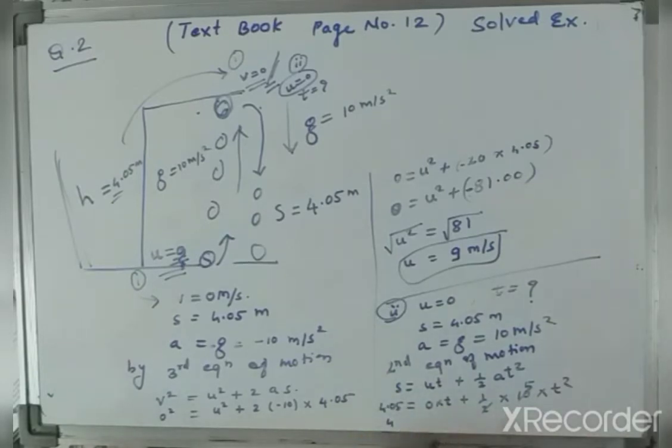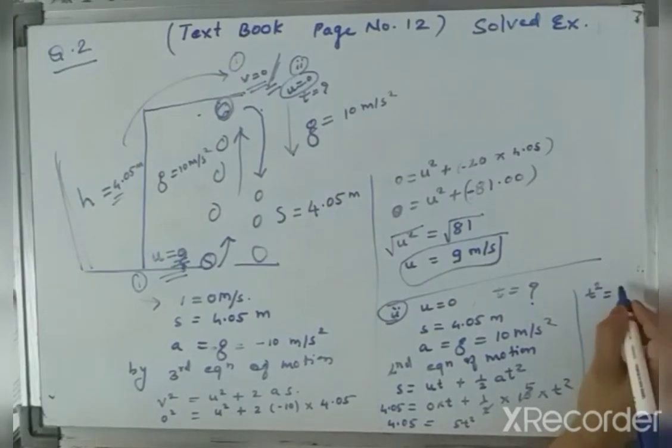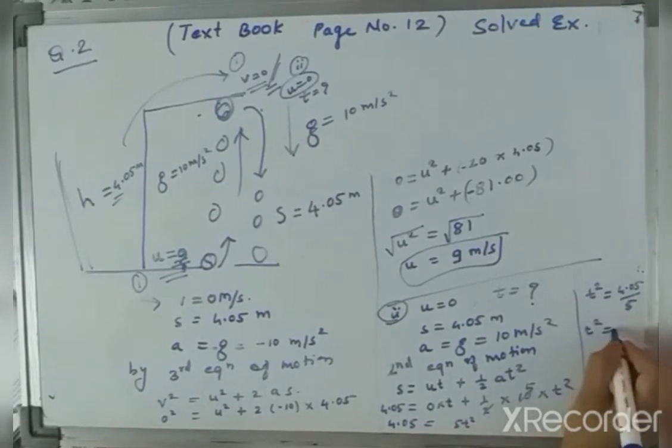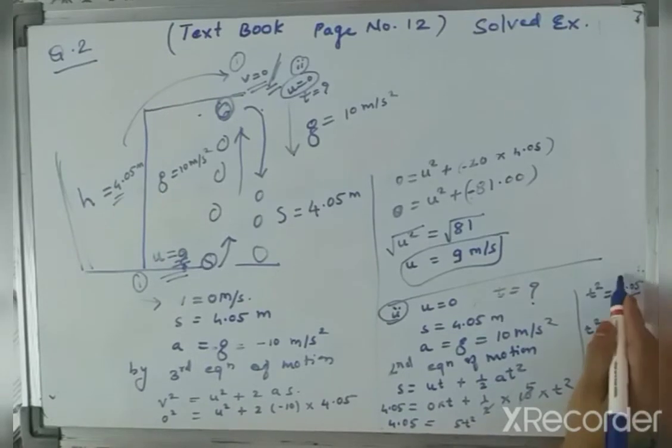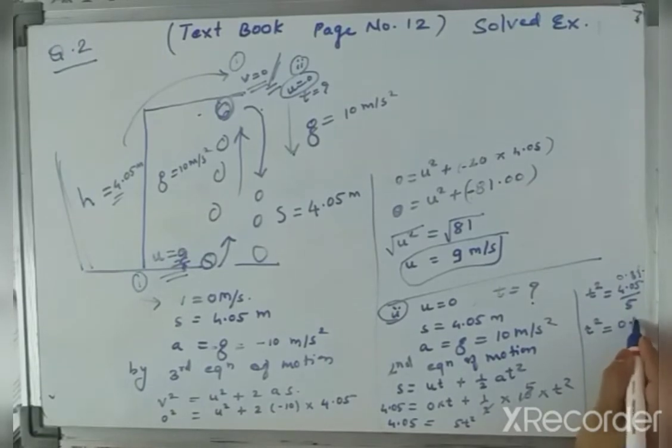Now 4.05 is equal to 5t square. So we have to find out the value of t. 5 will transpose, so 4.05 upon 5. It is divisible by 5. 0 decimal point, 5 8s are 40 and 1, so 0.81.